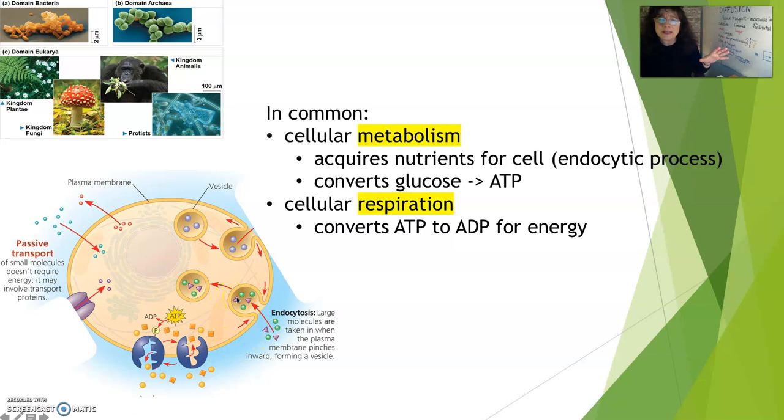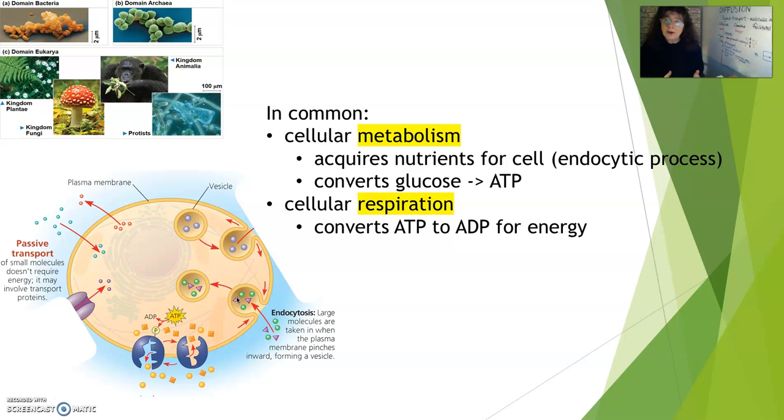That's the case for all of these cells. They convert and metabolize glucose or their fuel into ATP. And cellular respiration takes that ATP and converts it into ADP for an energy source. So cellular metabolism and respiration work together and tend to be right in the same area.